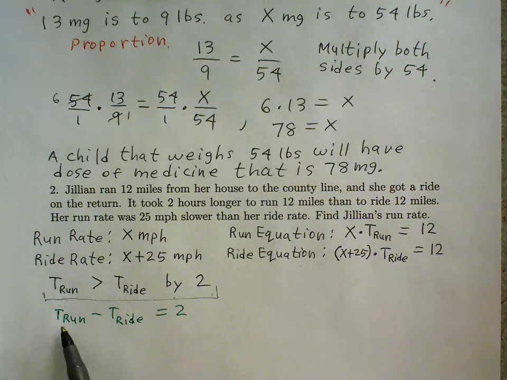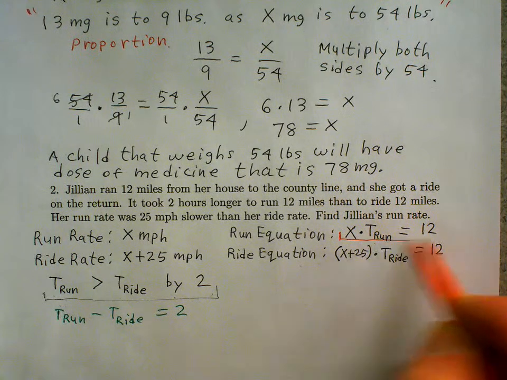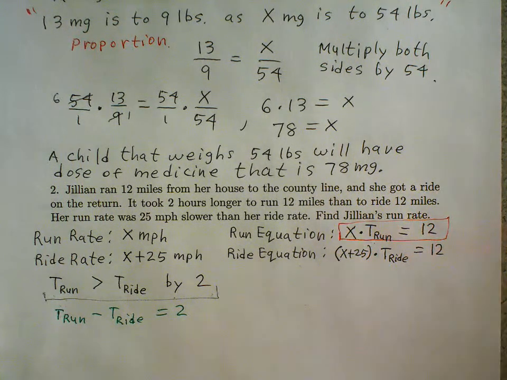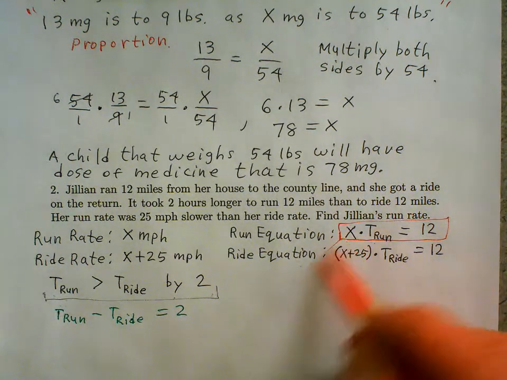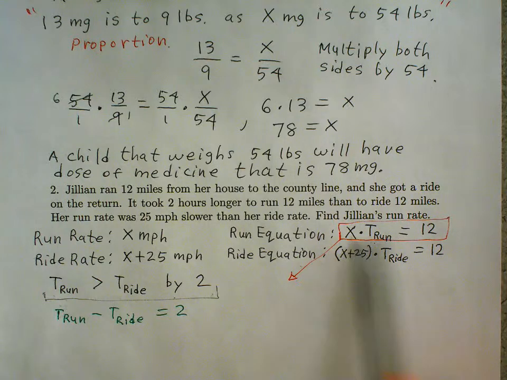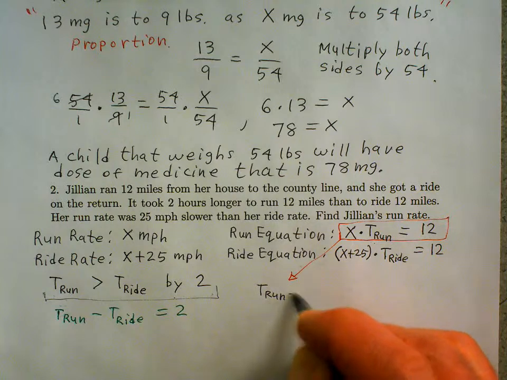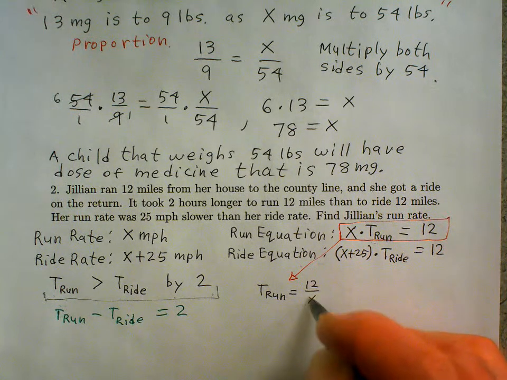We want to replace T sub run with something that's equal to T sub run. So now we focus on this equation, X times T sub run equals 12. So if I divide both sides by X, I get T sub run equals 12 divided by X, right?